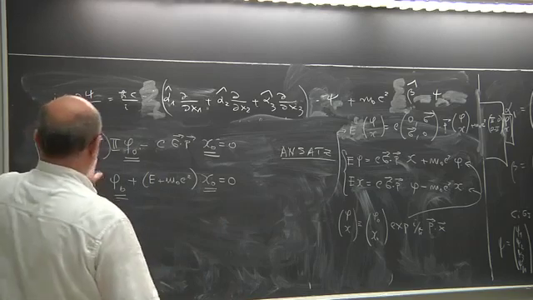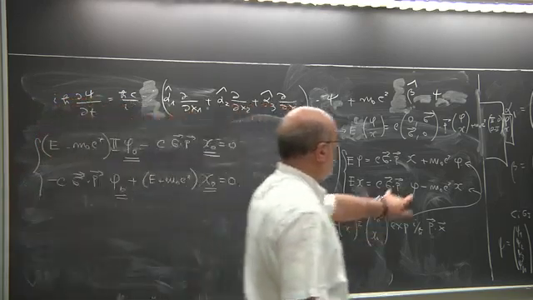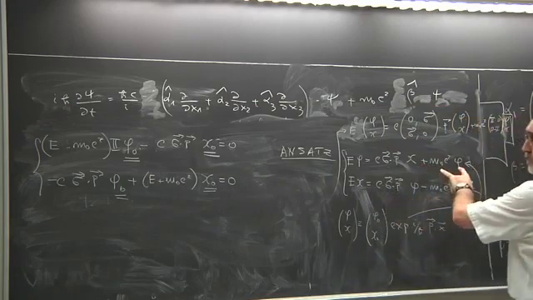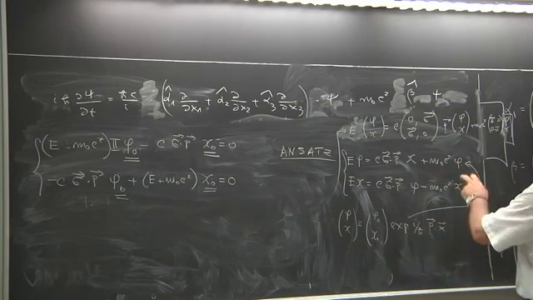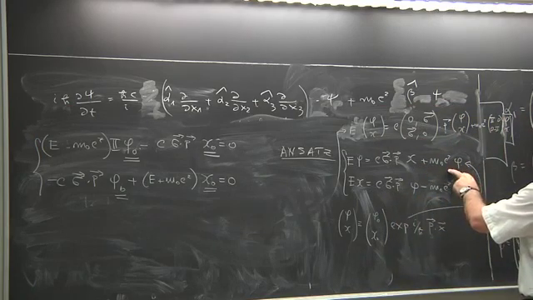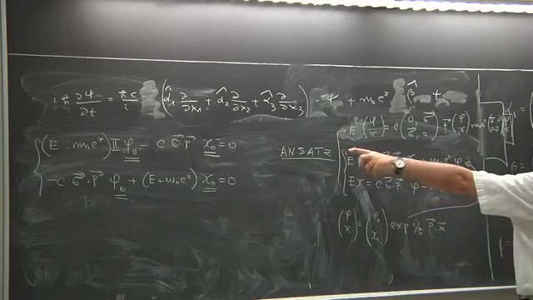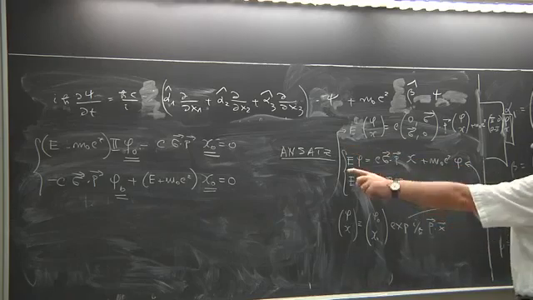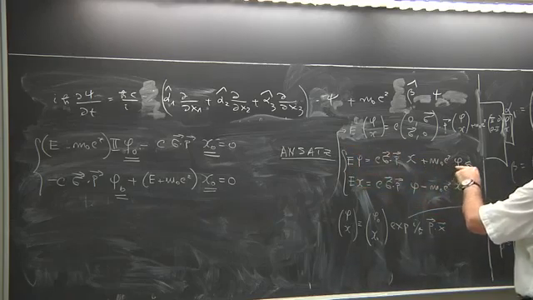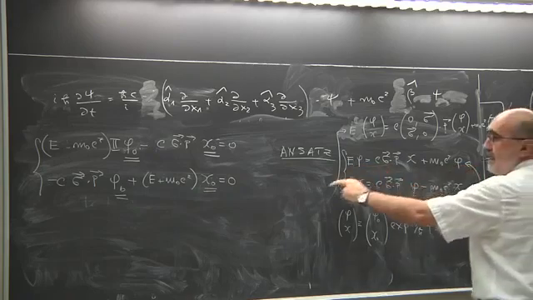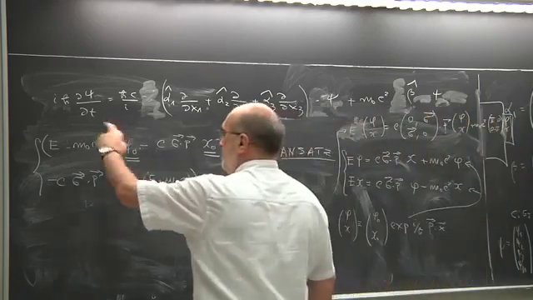So how did I get these? I plugged that in, and then I brought it in here, but I made sure that all the phi are on the left-hand side and together. So there is a phi here and a phi here, and it becomes this object.